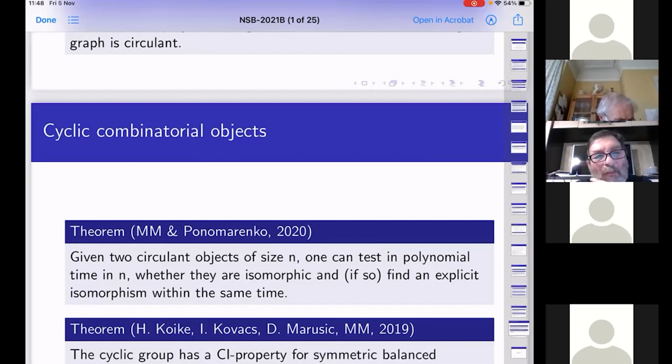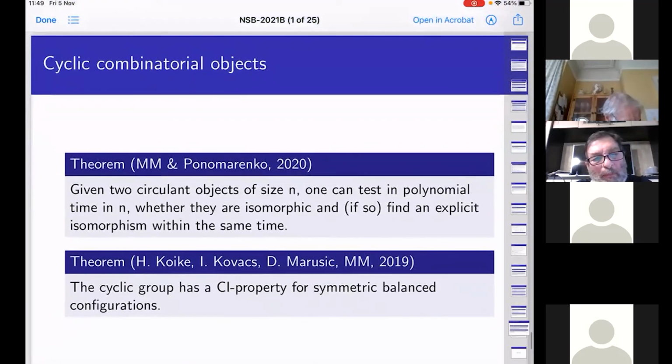For example, for a Steiner triple system, the size of the object is the number of triples, not the number of points. So if you take two cyclic objects of size n, one can test in polynomial time whether they are isomorphic. And the polynomial is not in the number of points, but in the size of the object, which can be much bigger than the number of points.